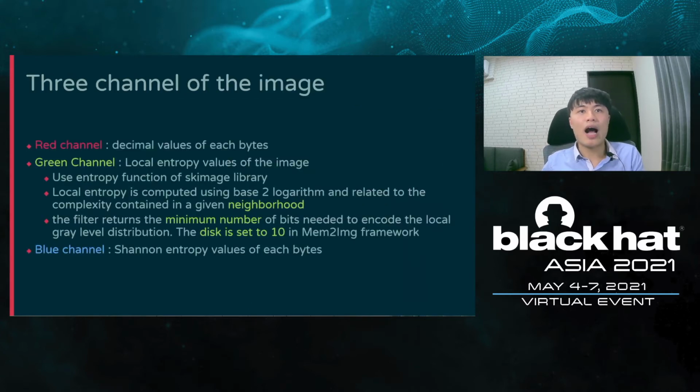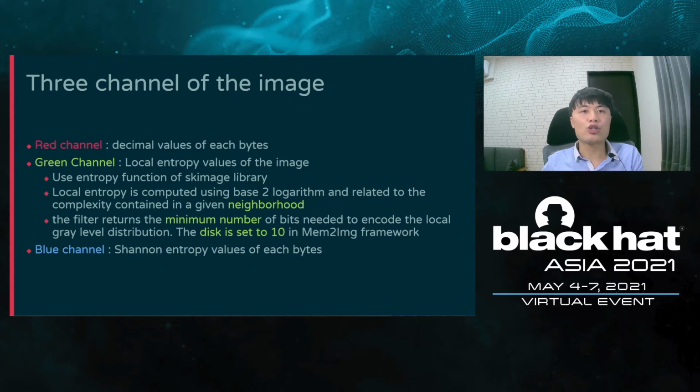We construct an RGB image to represent a malware memory block. The red channel is the decimal value of each byte, which can also be seen as the grayscale image from the slide. The green channel is composed of local entropy values of the image. We use the entropy function from the scikit-image library to compute the value.